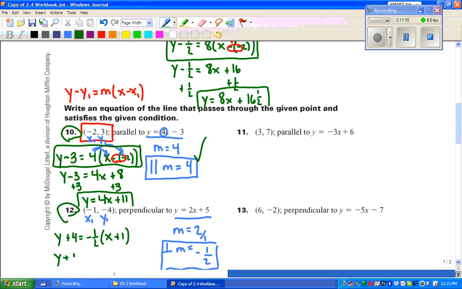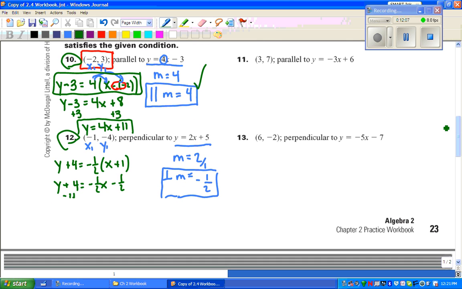Y plus 4 is equal to negative 1/2 X minus 1/2. Okay, let's subtract 4. I'm going to subtract 4, and I'm going to subtract 4. I get y equals negative 1/2 x, and then you got minus 4 and 1/2.